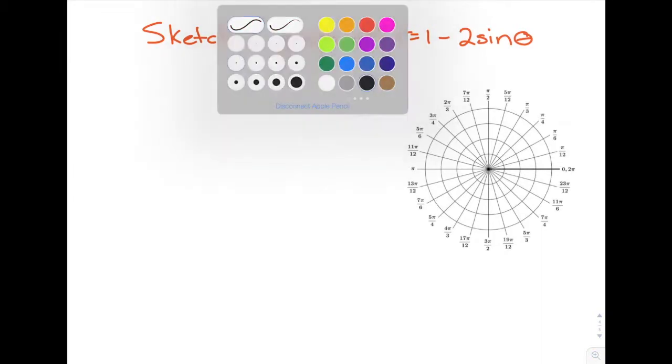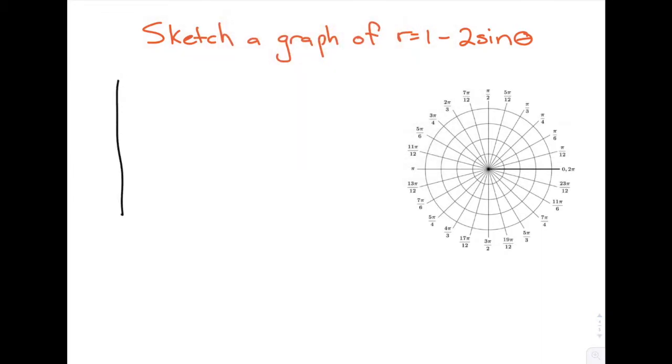Let's take the same kind of approach here. We'll plot 1 minus 2 sine theta on the rectangular coordinate plane. Call that 2 pi. This is pi. A couple things to note. We've got a minus 2, which tells us that our sine theta is flipped over the axis. It's stretched out a bit, and then it's shifted up 1.